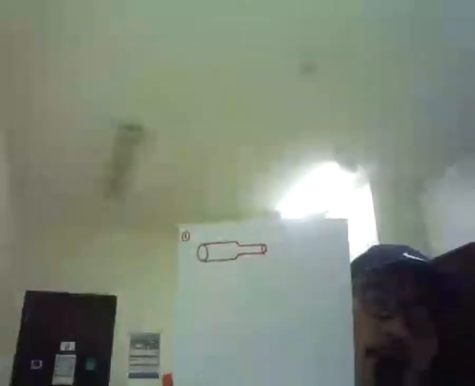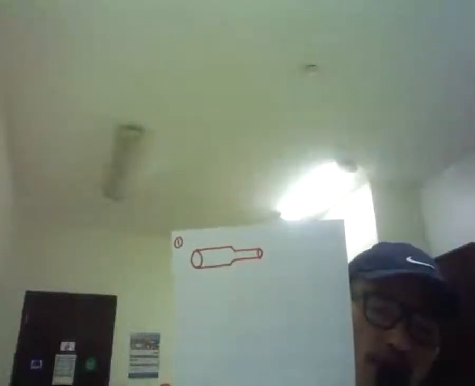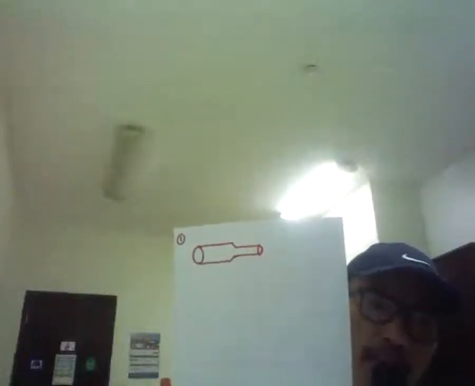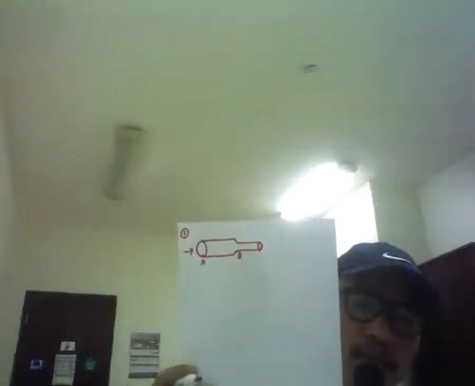This is the pipeline that we are referring to for this particular problem. And then the water flows here. Let's say this is point A here, and this is point B here. Okay, point A and point B.